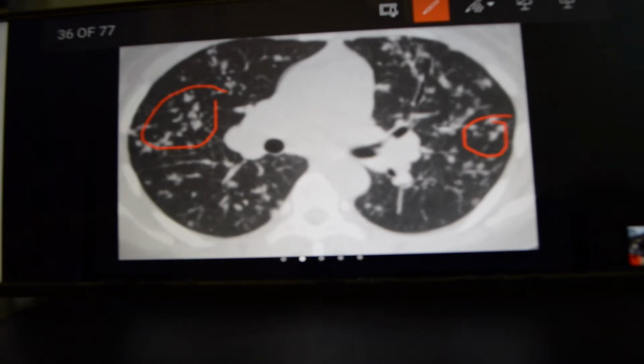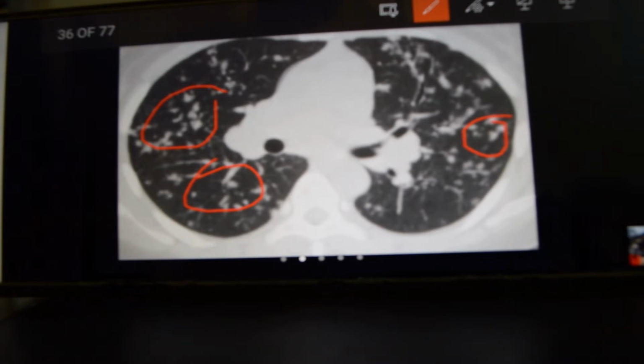The unsharp are found in sarcoidosis and hypersensitivity pneumonitis. You can see these are unsharp nodules, so we can suspect either sarcoidosis or subacute hypersensitivity pneumonitis.